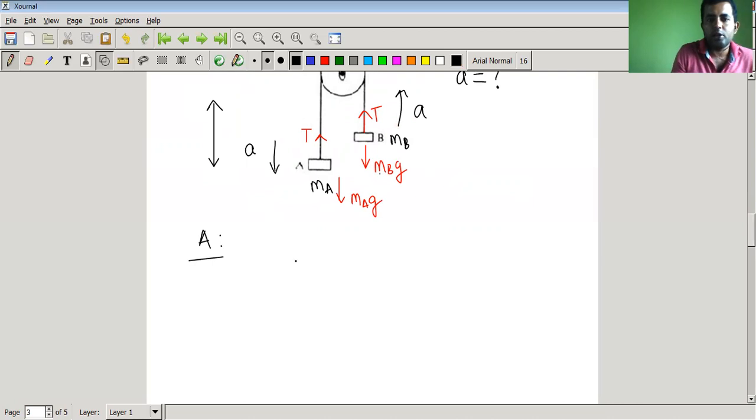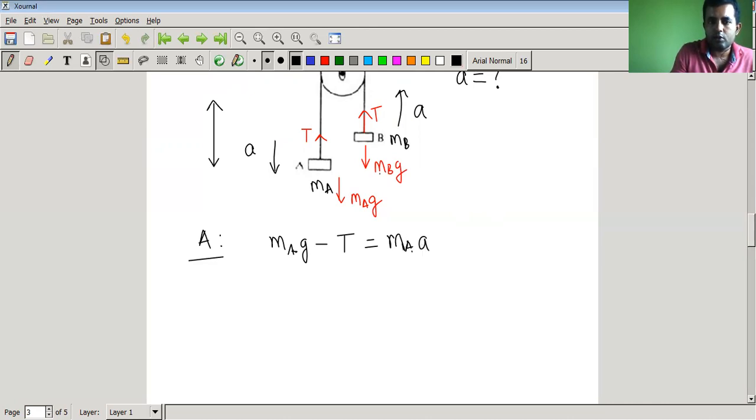Now, if I apply Newton's second law to A, the net force acting on it is equal to mass times its acceleration. You can see it's going downward. So the net force will be this minus this, right? So MAg minus T will be equal to MAa.